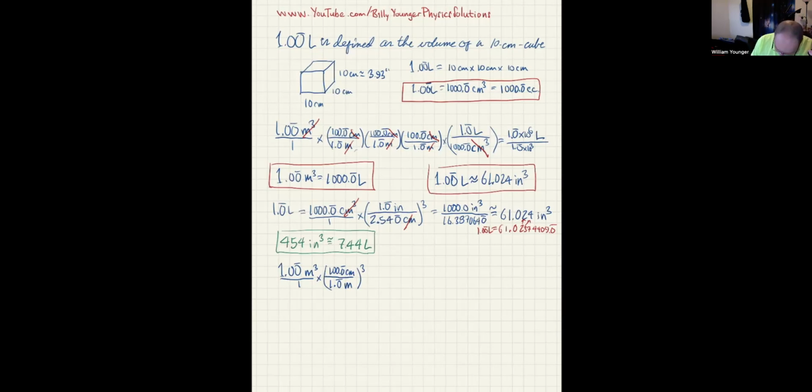So I'll say, okay, I happen to know that there is exactly 2.540 with a bar over it centimeters in 1.0 inch, because again, this is an exact conversion since roughly 1959. So I'll put a cube there. And now the cubic meter and the cubic centimeter have canceled out, and I'm up to cubic inches.